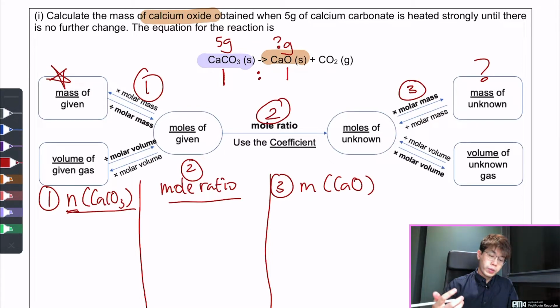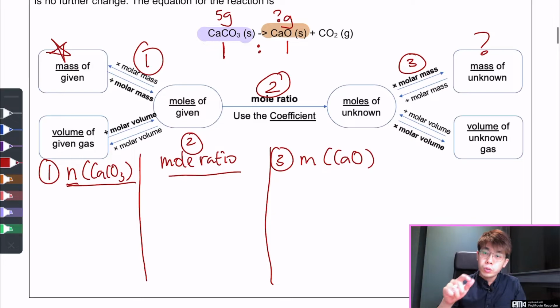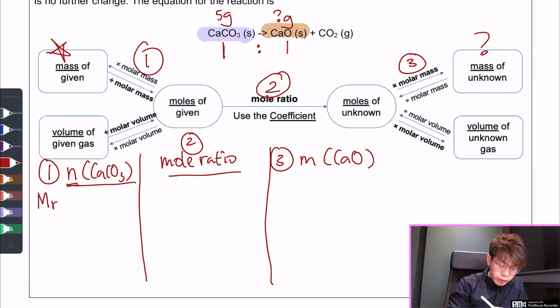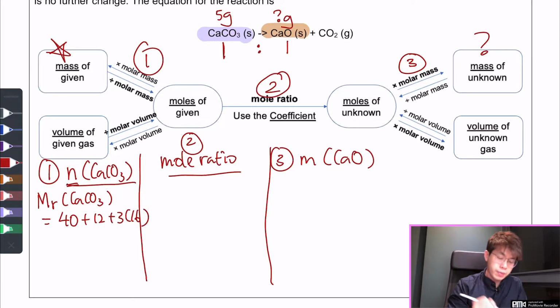Now, let's try this question. I need to first find the number of moles of calcium carbonate. How much calcium carbonate? 5 grams of calcium carbonate. You should know that if I want to find number of moles from mass, I need to use molar mass. So the molar mass, I'll call it Mr, of my calcium carbonate is equal to 40 plus 12 plus 3 times 16.